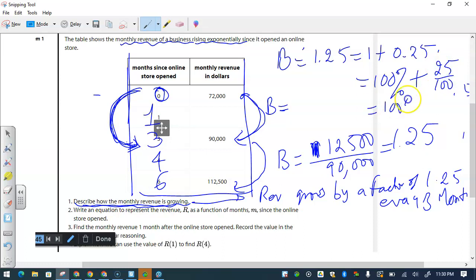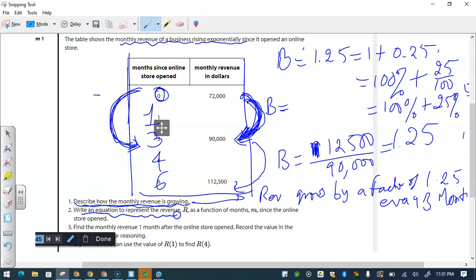That is 100% plus 25%. So every three months, it is growing by 25%.